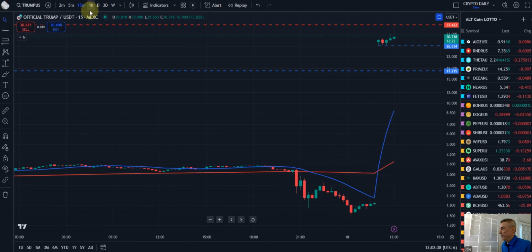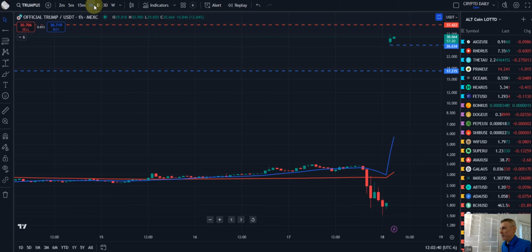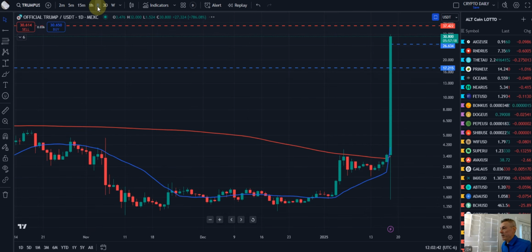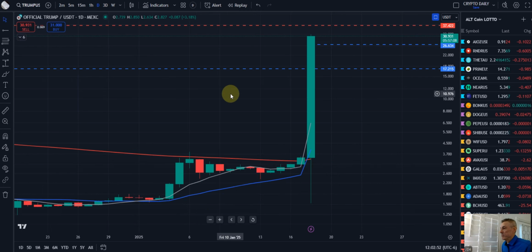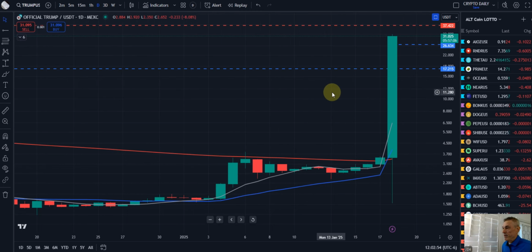I'm just looking at these different time levels on here. But when you start getting far and away from the 20, okay, let me give you a life-saving little tip here. I got the 8 simple moving average on here, that gray line, and I'm just seeing how far we are from things.